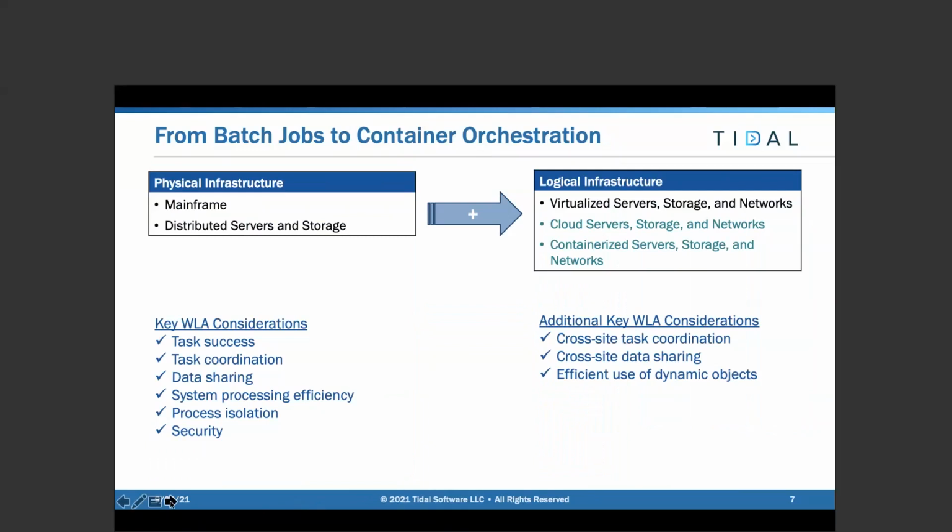And as most of you are aware, this isn't a transition that has left the physical infrastructure behind. Almost all Tidal customers have their automation teams handling both the physical and the logical. And the new players in this are being able to manage cloud servers and storage and networks, being able to address the containerized elements of this, whether they're in the cloud or they're in your own premise area.